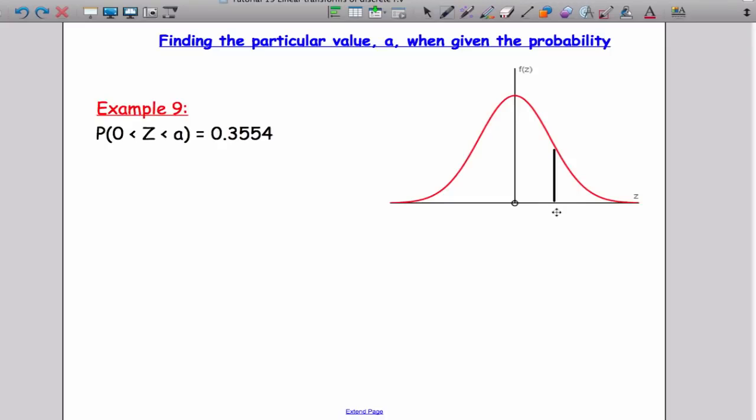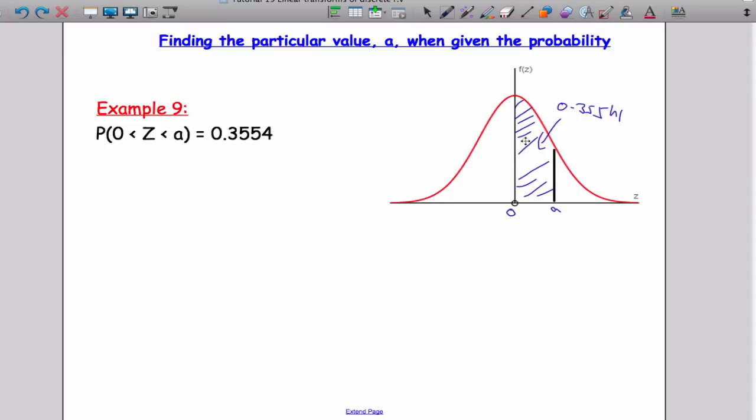If I suggest that A is here, and this must be 0, I know that the area trapped in here has a value of 0.3554.